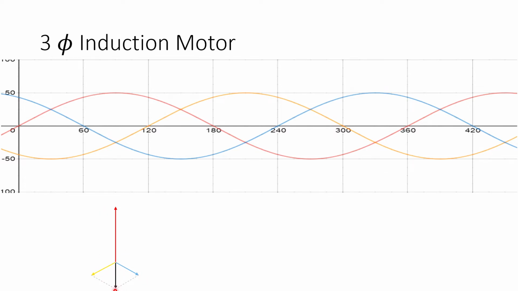So we get a major component in the R direction. Similarly, at this point, when Y is maximum, we get a major component in the Y direction, and when B is maximum, we get a major component in this particular direction. We can see that all these components are 120 degrees apart from each other, and this distribution is the time distribution which we discussed earlier, the first point.